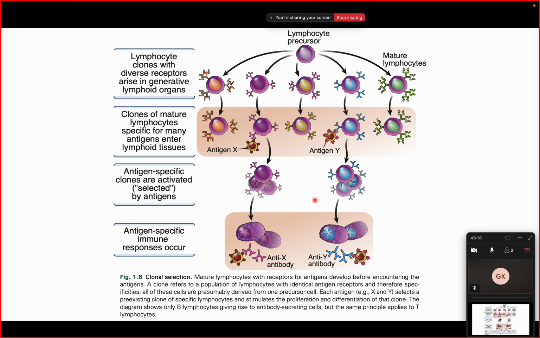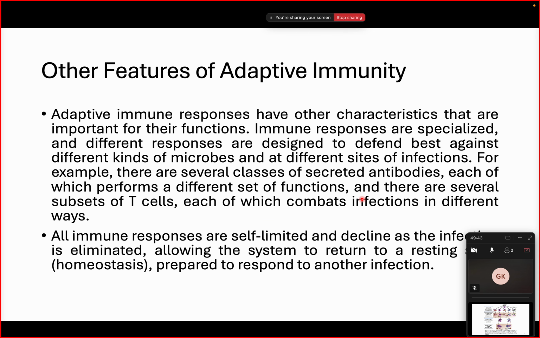If it can solve this problem by letting the headquarters know, then it is an anti-X antibody. If the person is dealt with by the security personnel at the gate only, then this type of antibody is called an anti-Y type of antibody. Okay, this is how we are achieving the specificity of the adaptive immune system.